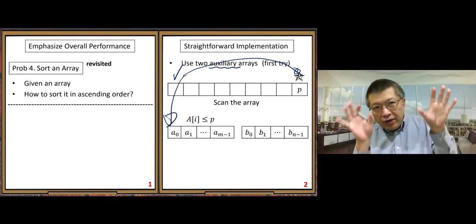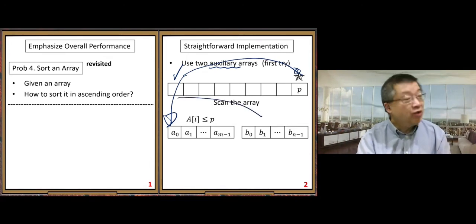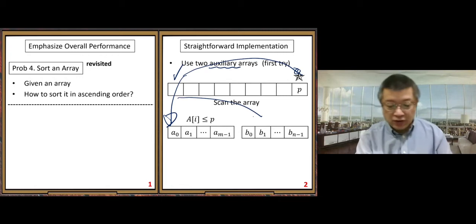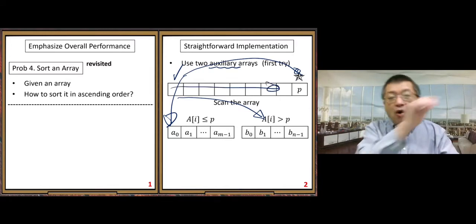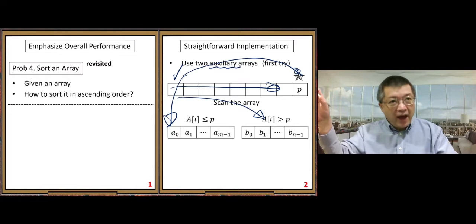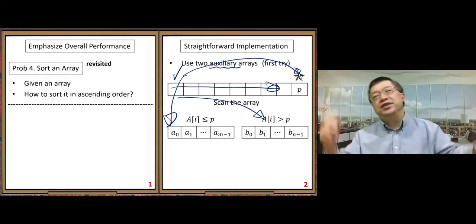If it's greater than p, we put it in the right subarray. In that way, we go through all the elements. Then we can get these 2 subarrays, right?